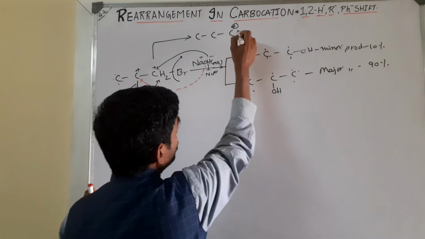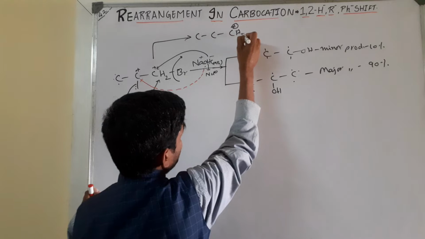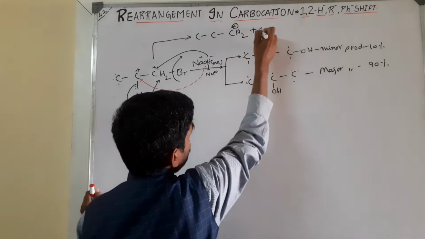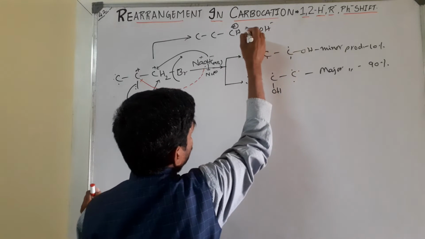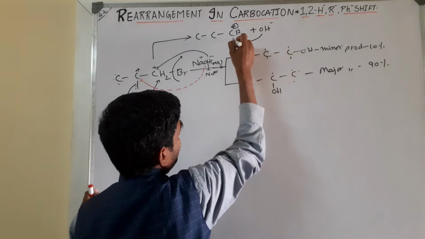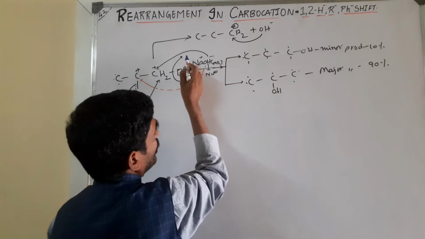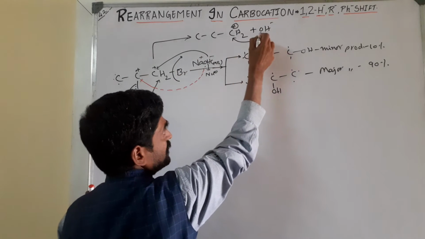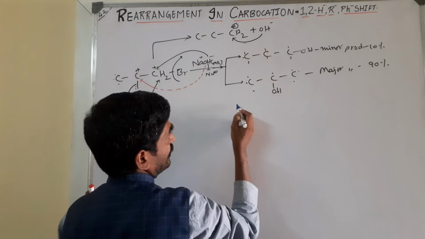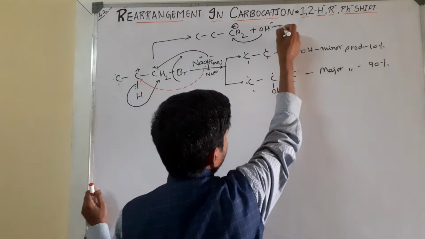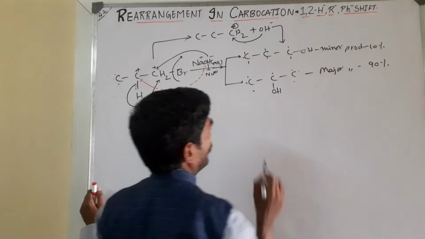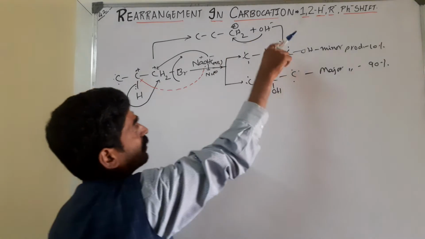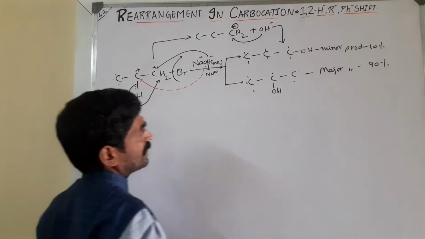Then OH minus will attack. Br is going out and OH minus is coming in, attacking the primary carbocation. Then you will get this product. But this type of product is only 10% formed.